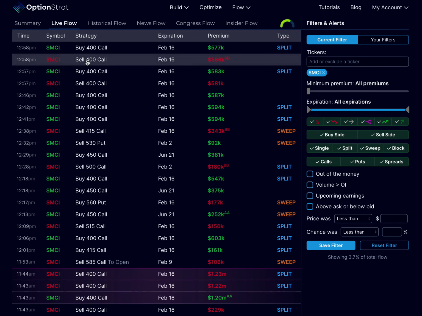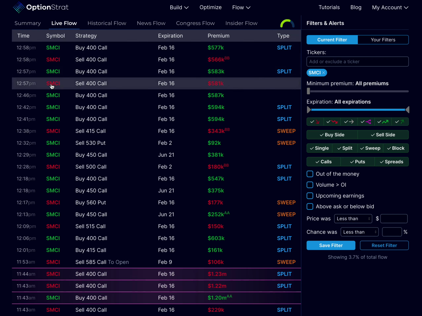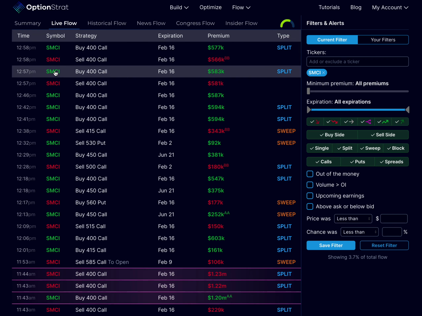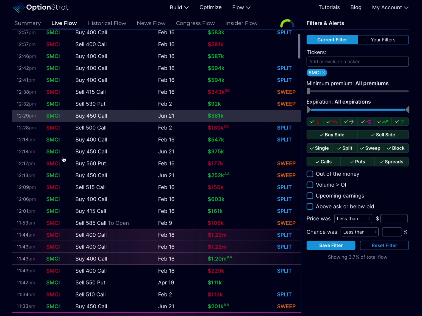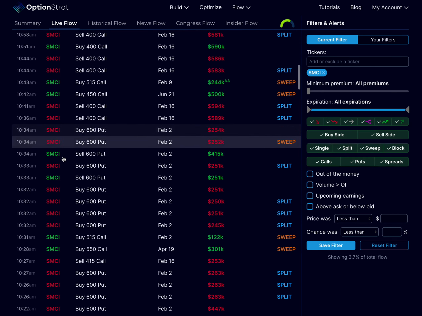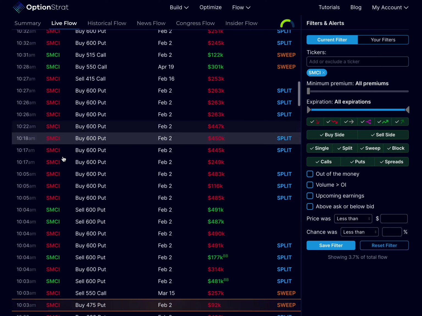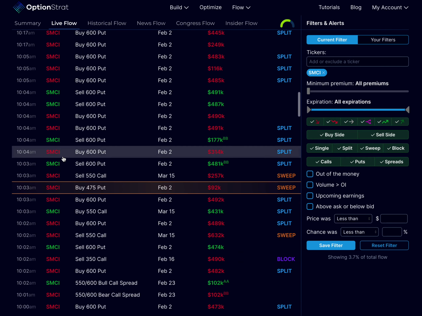And that's because there's a lot of red in here as well as green. And I need to point out that you've got red, you've got green, and then you've got a dark green and a dark red. And that kind of helps to show how bullish or bearish each one of these trades was.